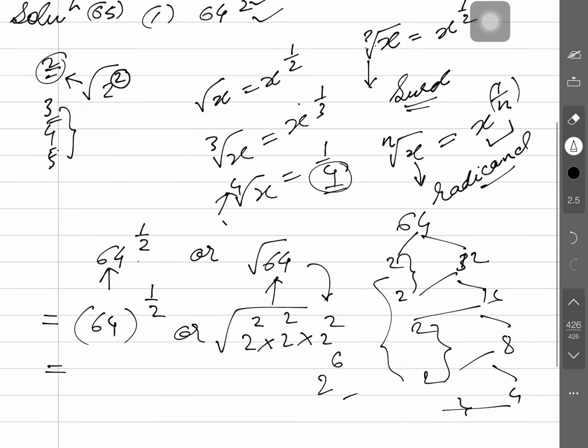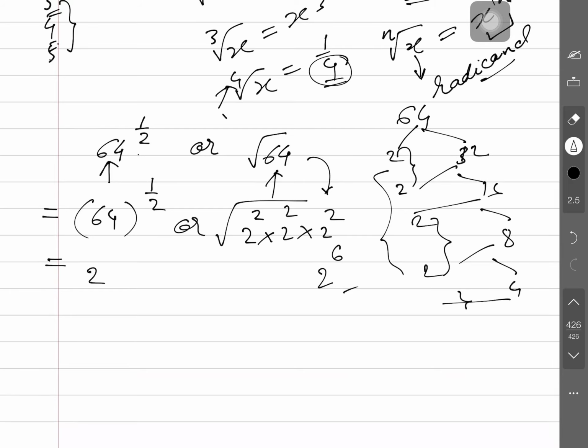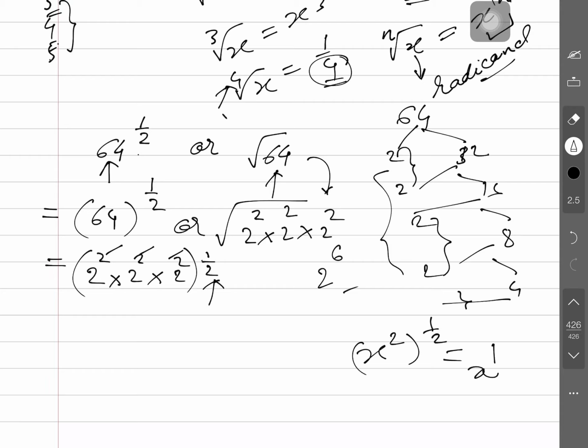Clear? Now this can be written as 2 to the power 2, 2 to the power 2 and 2 to the power 2. Why are we taking 2? Because the index is 2, so we just have to take the power as 2. So x to the power 2 and 1 by 2, what shall it be? It will be x to the power 1. Clear? So here the base is the same, 2 to the power 2.